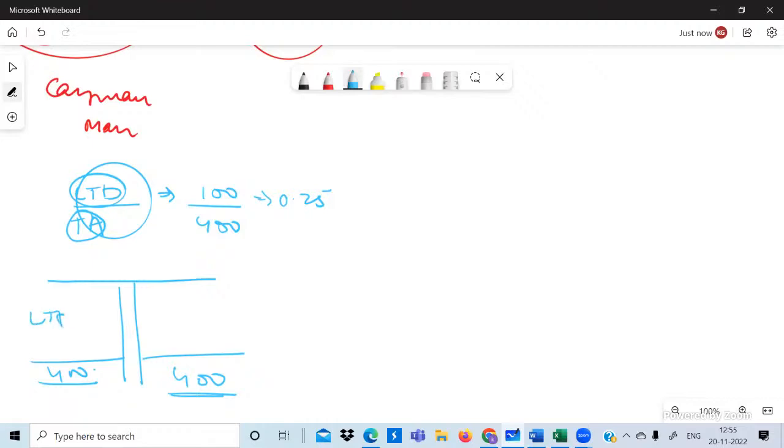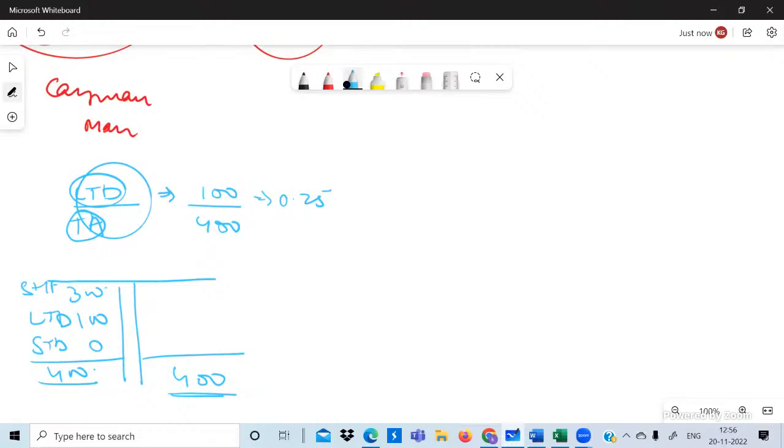I've got long-term debt of, let's say, 100, and let's assume there's no short-term debt. So short-term debt is 0, which means the balance 300 is the money pumped in by the shareholders. So 25% of my assets are getting funded through debt, and the balance 75% is getting funded through shareholders' funds.